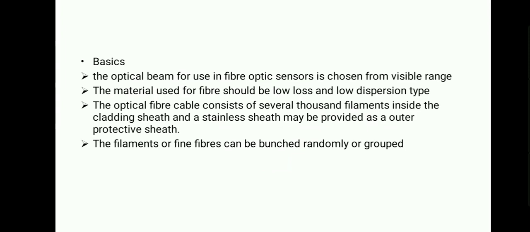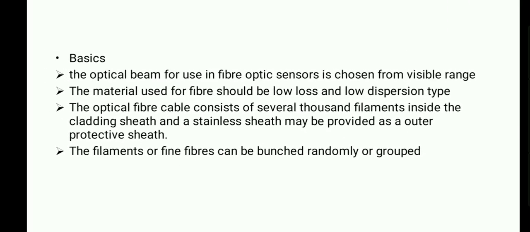Now before moving on to the applications, let us look at some of the basics regarding these fiber optic sensors. The first point to be focused on is that the optical beam for use in fiber optic sensors is chosen from the visible range.